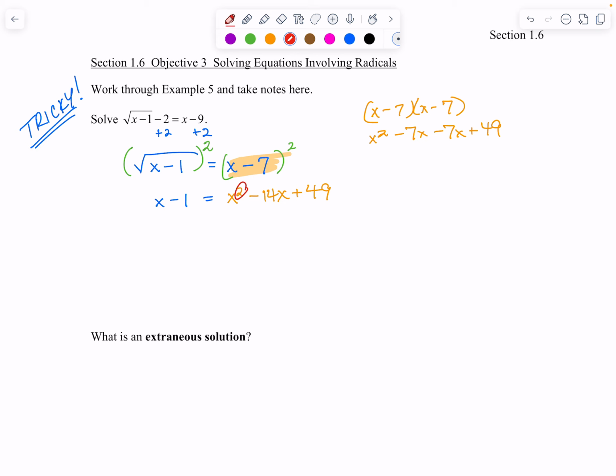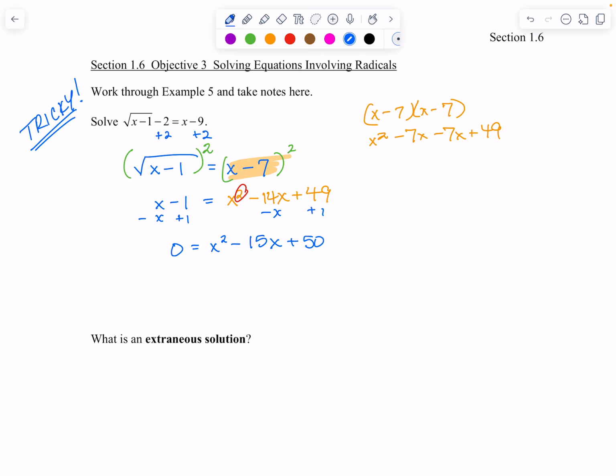All right, so we've got something squared. That means I want to get everything on that side. I need to make it look like a quadratic equation. Subtract x here and add 1 here, and you can do that in two separate steps if you would like. x squared minus 15x plus 50. Let's see if we can factor that.